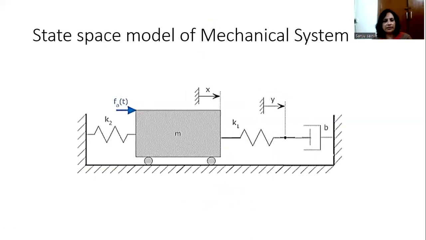Then we take up a particular mechanical system and we want to get the state space model of this mechanical system. Here we have a mass m on which a force ft is working and it is producing a displacement x in this, and similarly it is producing a displacement y over here. We want to get its state space model.